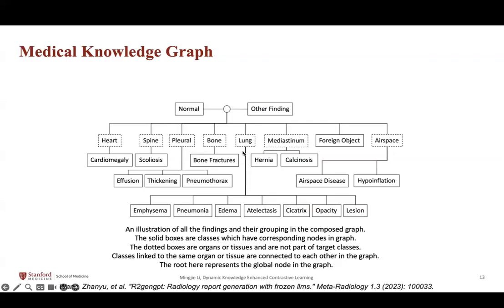We can find that the solid boxes are classes which have corresponding nodes in the graph, which means you can see they correspond to each other. And the dotted boxes are organs or tissues that are not part of the target classes, which means we only focus on the disease keywords, but not these tissues. These tissues are only used to identify which kinds of keywords will affect each other and how the nodes are connected to each other.